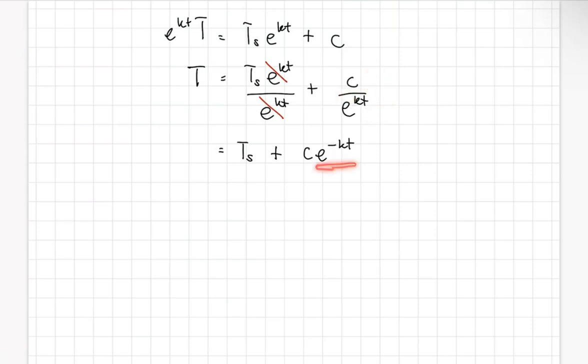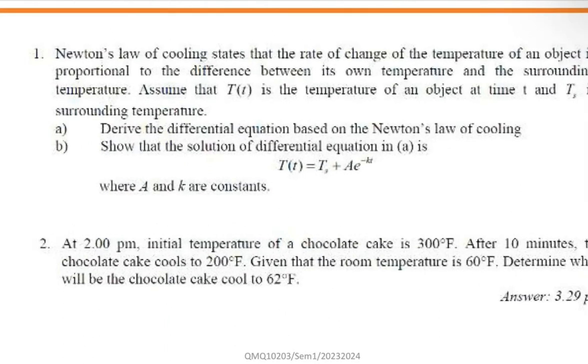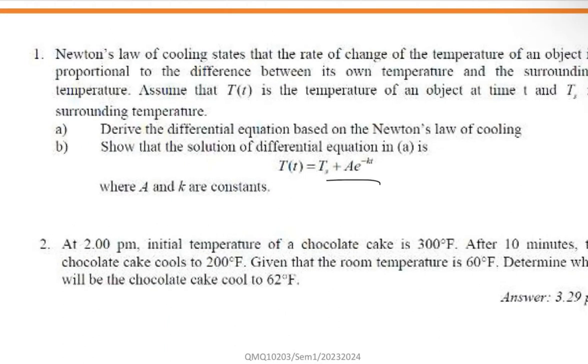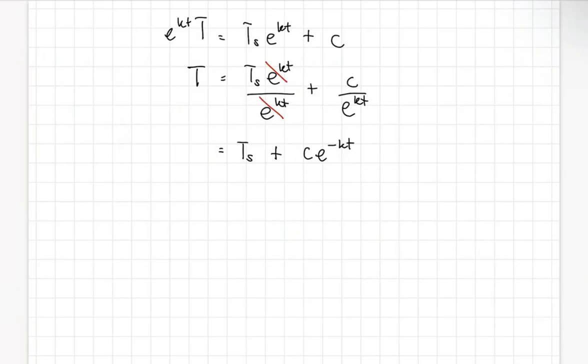Now this is the same as the equation shown, where Ts plus A e to the negative kt. So we can change the constant from c to a. Whatever alphabet we want to use, a or c, doesn't matter because a is a constant and c is also a constant. So we can leave the answer like this.